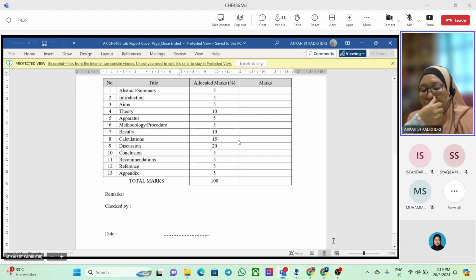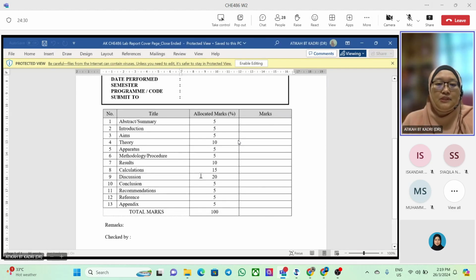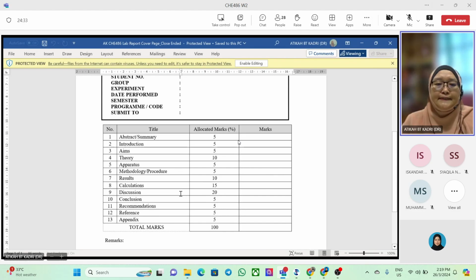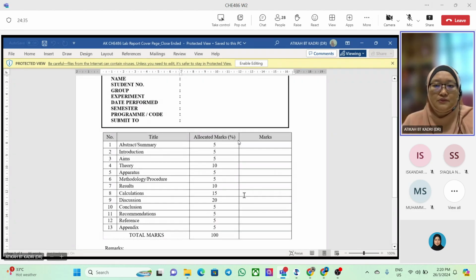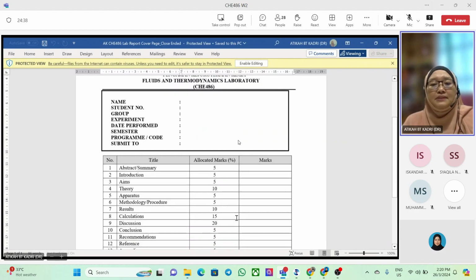Another example is the methodology. For a close-ended lab, the methodology mark allocated is 5. However, for an open-ended lab, the methodology is 10 marks. I hope you can differentiate between open-ended and close-ended. Are we okay? Good.